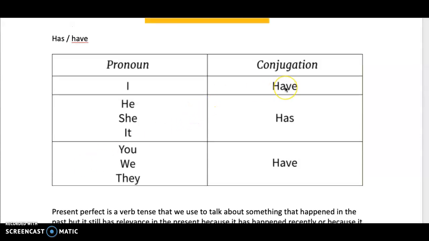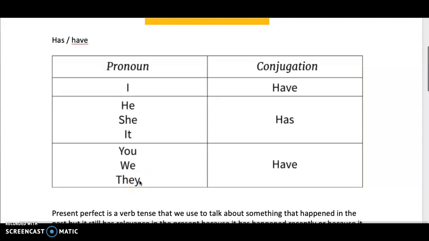We use have with the pronoun I, and we use have with you, we, and they. Okay? And has we use with third person, he, she, it. Okay? Remember that information because from now on I am going to explain to you the grammatical structures for you to communicate negative, affirmative, and interrogative sentences.